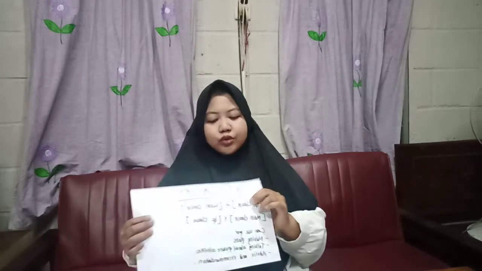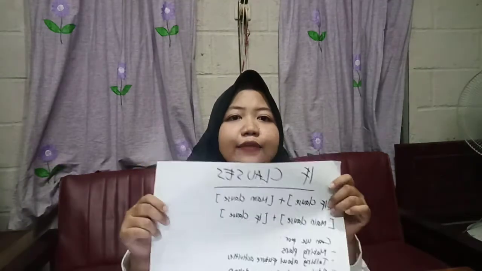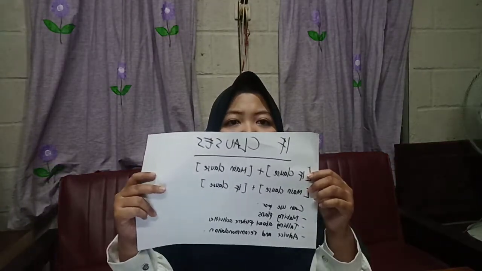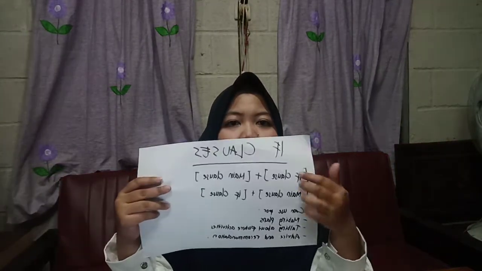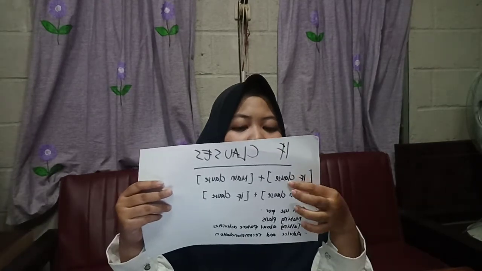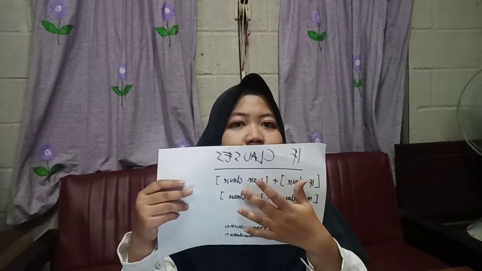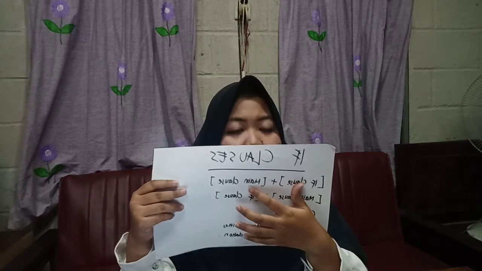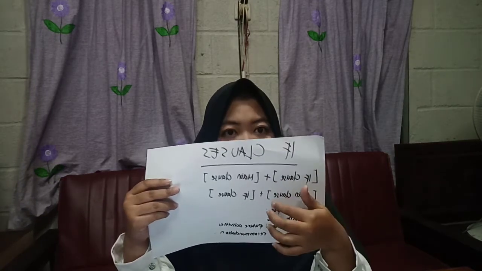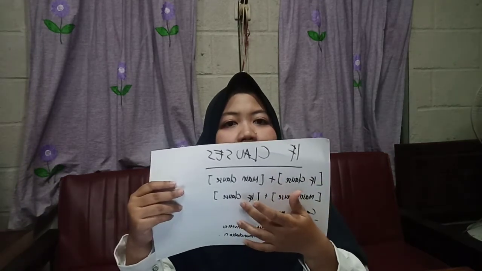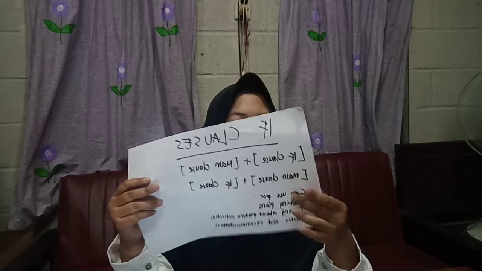Here I will show you like this. These are if clauses. The form will be like this. You can use the if clause first, then follow it with the main clause, or use the main clause first and then follow it with the if clause.